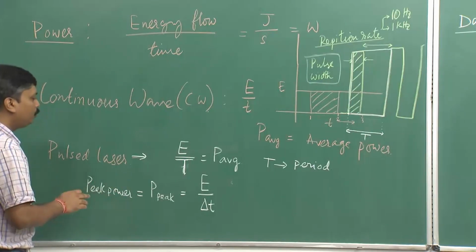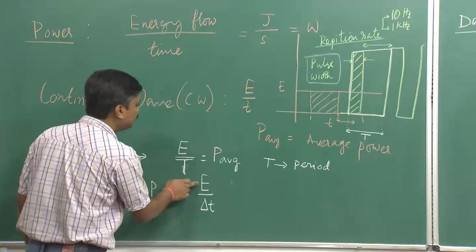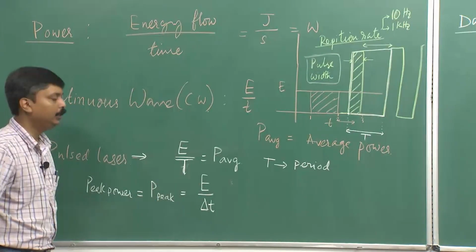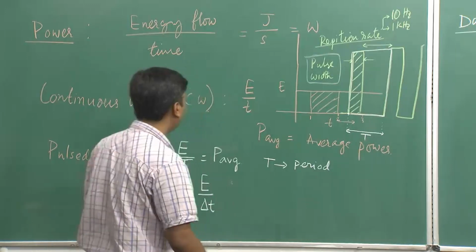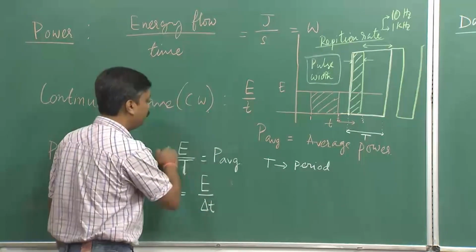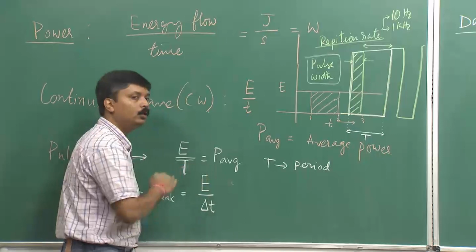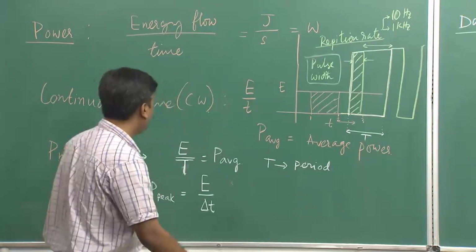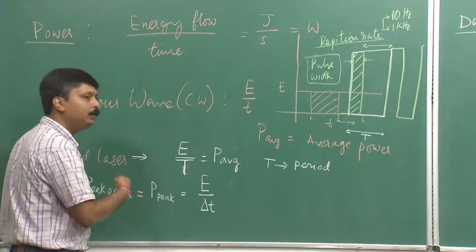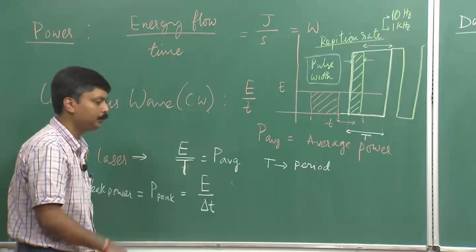So, therefore, using this equality in the energy of the laser output, when we quantify P average or peak power for a pulse laser, we can get a relation between these two different types of powers.